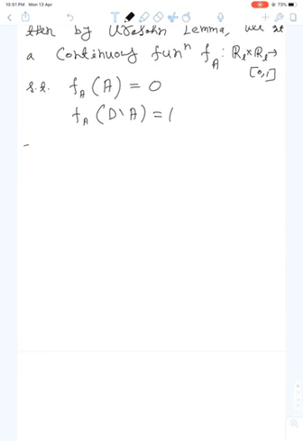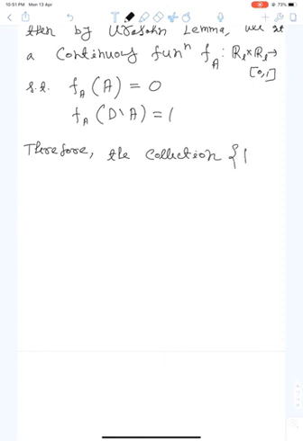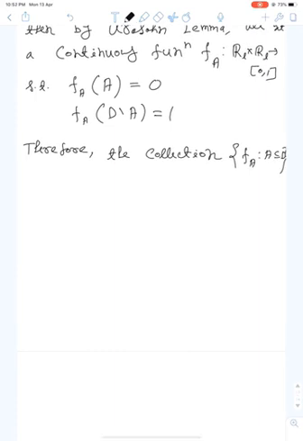Therefore, the collection of f_A, where A is a subset of D, has some cardinality.